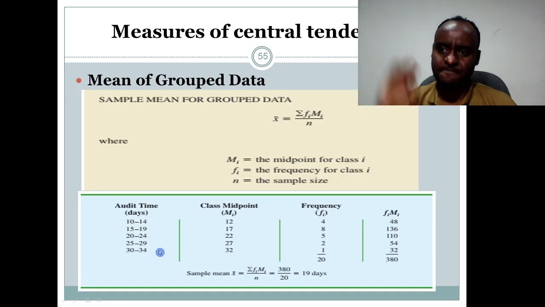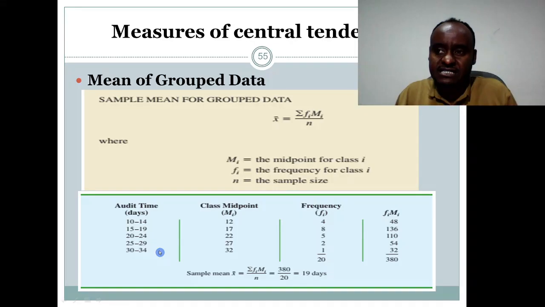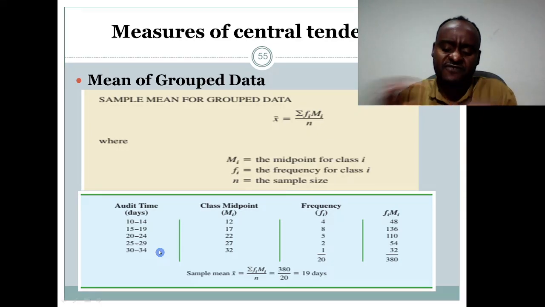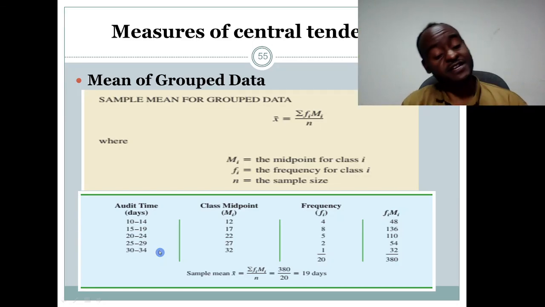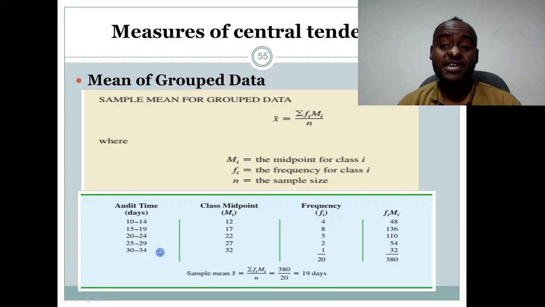It is separated from the others. So if there is an outlier, that outlier directly affects the mean. The mean is very sensitive to the outlier, and if there is an outlier, using the mean is misleading.